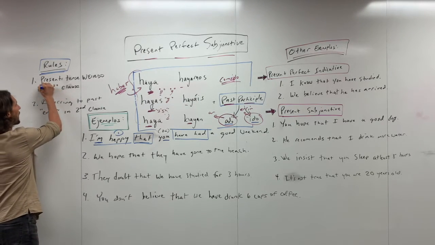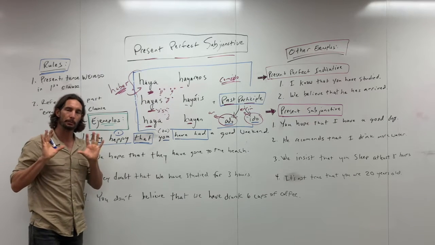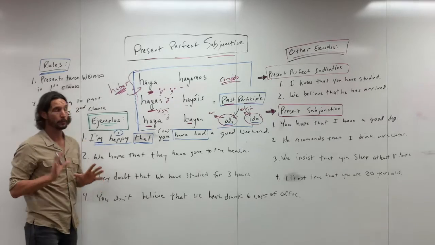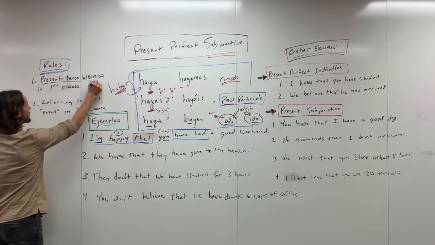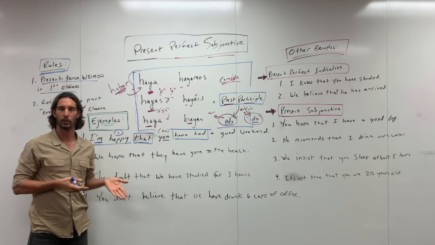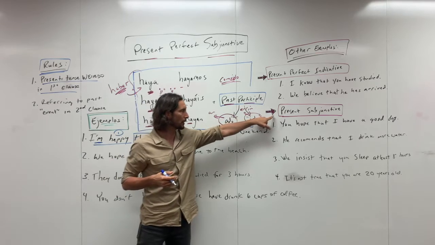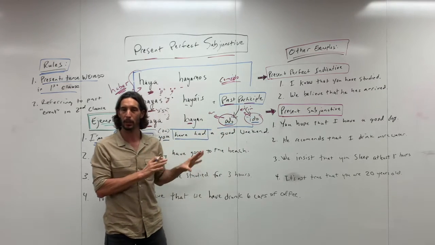To be able to use the present perfect subjunctive, you need to have a present tense weirdo in the first clause. And a weirdo, if you need to watch the video on the present subjunctive, I'll explain weirdo there as well.